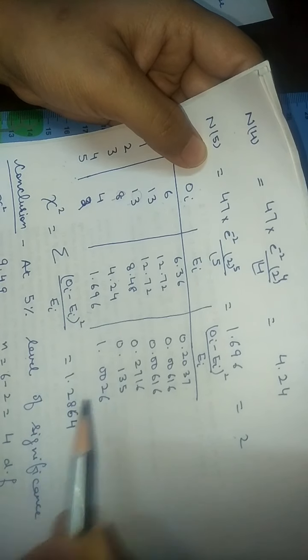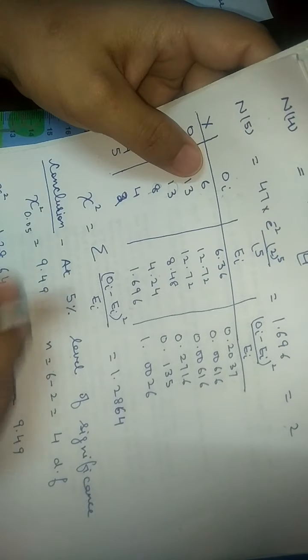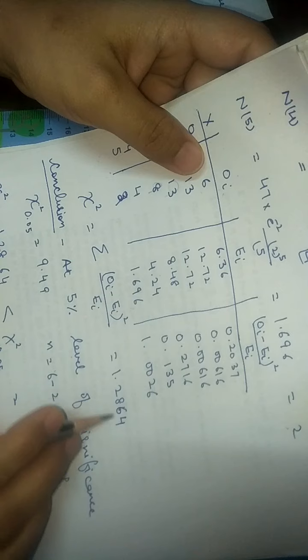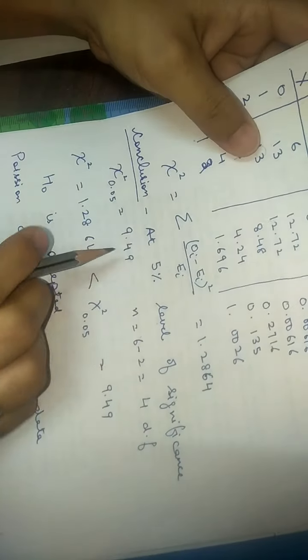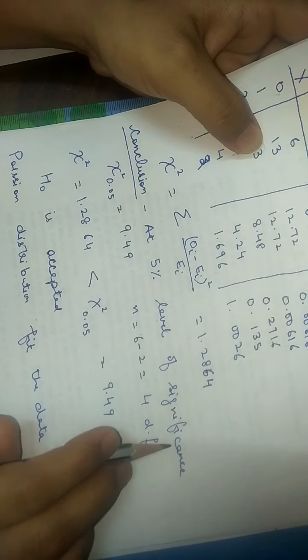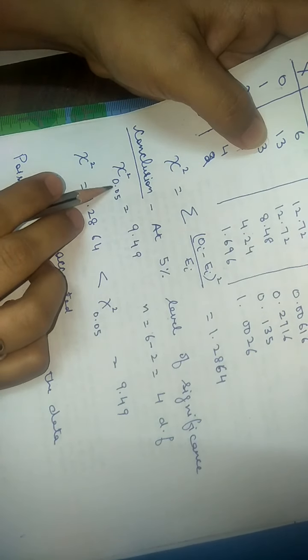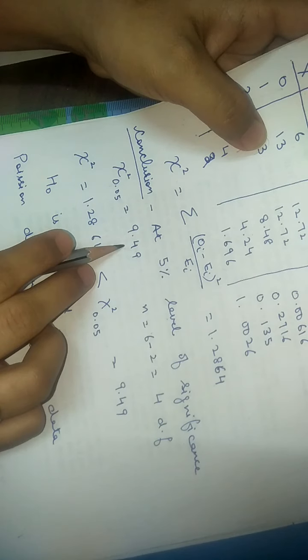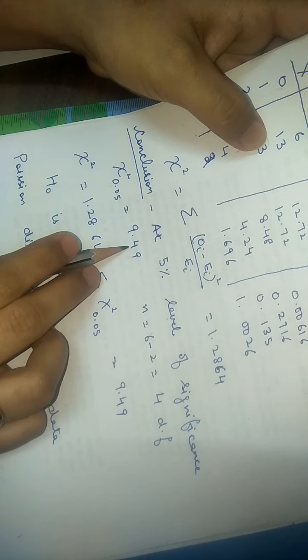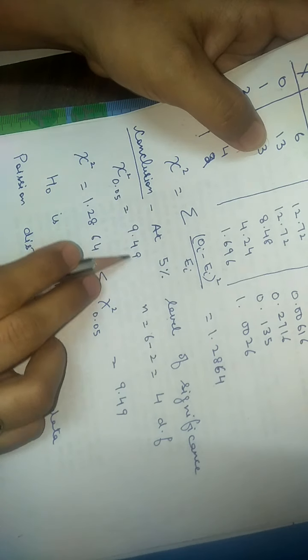So chi-square becomes 1.2864. Next we conclude. At the 5% level of significance, that means probability 0.05, the table value is 9.49 with 4 degrees of freedom. We check it from the table: degrees of freedom 4 and probability 0.05, and it becomes 9.49.